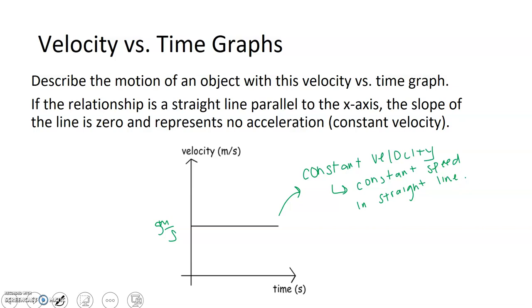An object that has a constant velocity has 0 acceleration. You can also tell that the acceleration is equal to 0 because the slope of a horizontal line is 0.